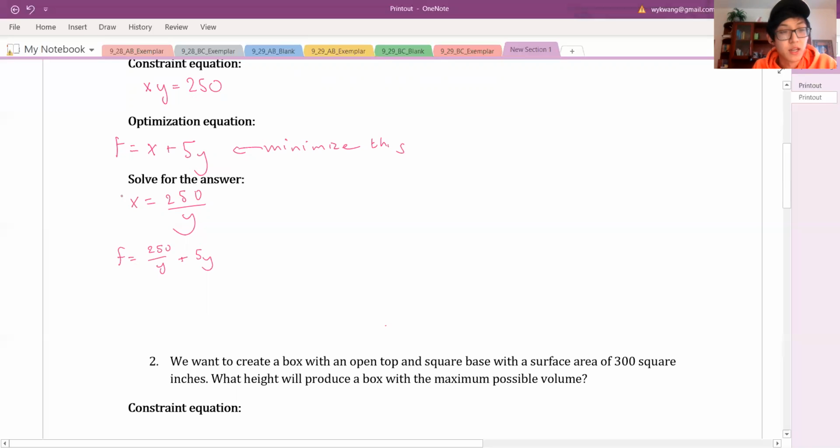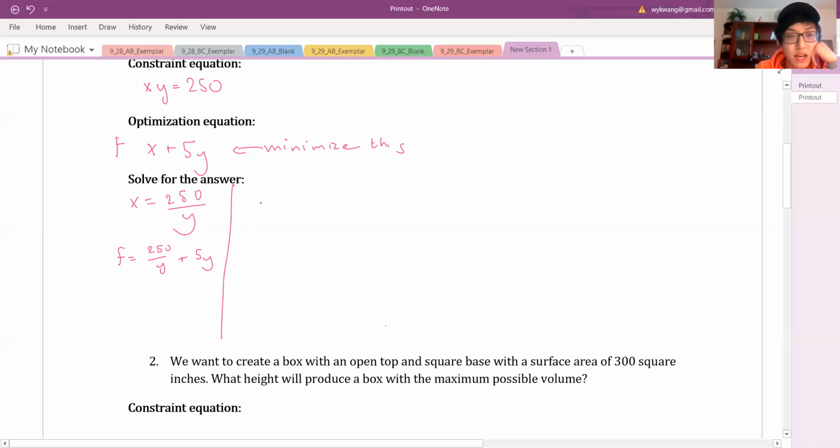So we're substituting in x here. So now we have this new equation that we can focus on, and we want to minimize this still. And remember, it's always important to substitute into the optimization equation because that's what we want to minimize or maximize.